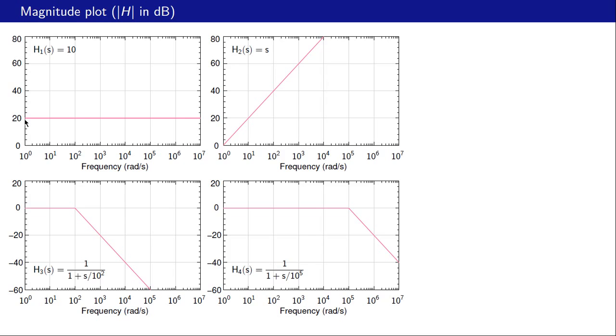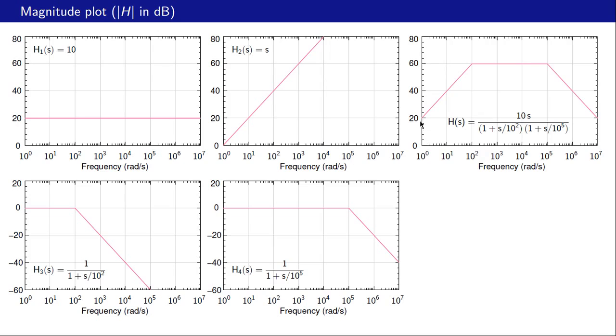This is 20 dB, this is 0 dB, this is 0 dB, this is also 0 dB. So when we add these four values, we get 20 dB. So that is our starting point: omega equal to 10 raised to 0 radians per second, mod H equal to 20 dB.